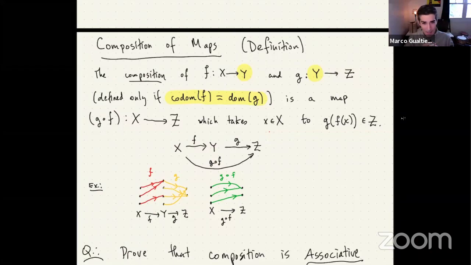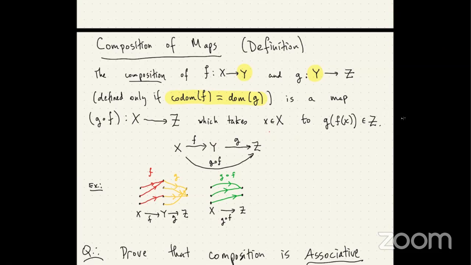In fact, it may be defined in one order and not defined in the other order. Okay, it's just tricky because you have to read from right to left instead of left to right.